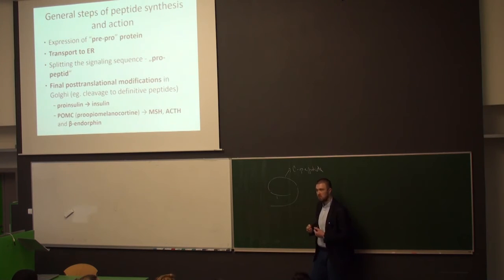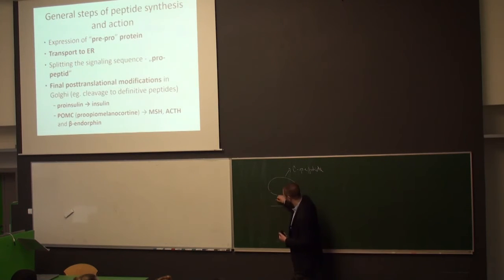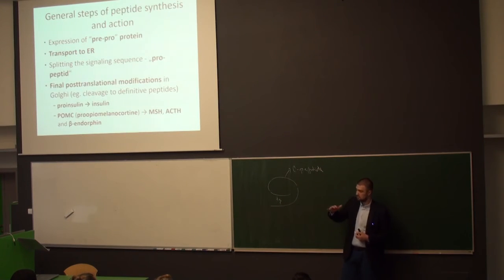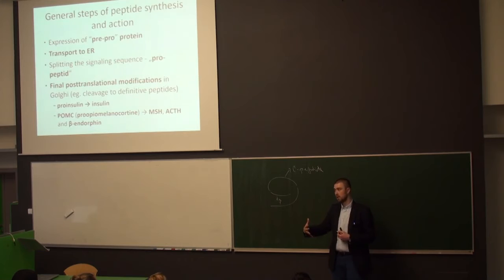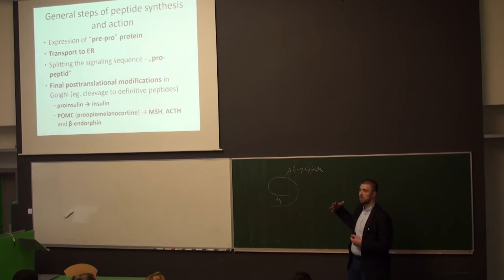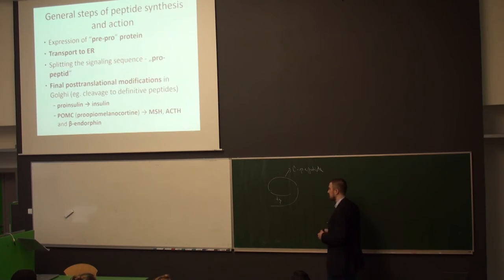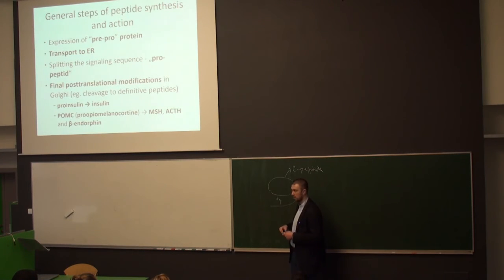So what you typically do inside is that you will cleave off some part of the molecule, you will produce the disulfide bonds inside, and do some other post-translational modifications in the endoplasmic reticulum and in the Golgi apparatus.